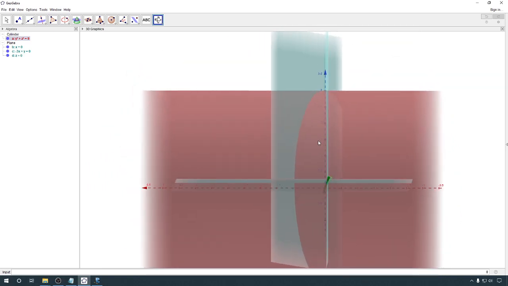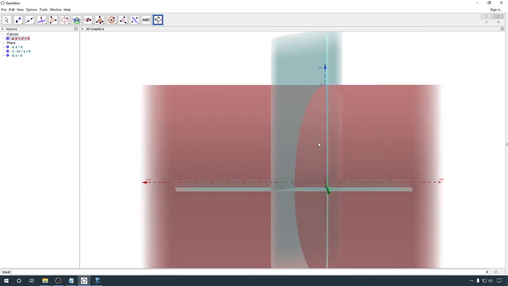If we want to make y come out of the screen so we can see what's in the xz plane, it's going to be this section here, which is a quarter of an ellipse.